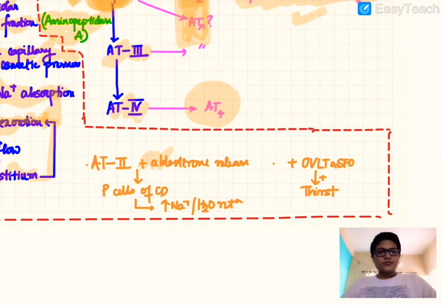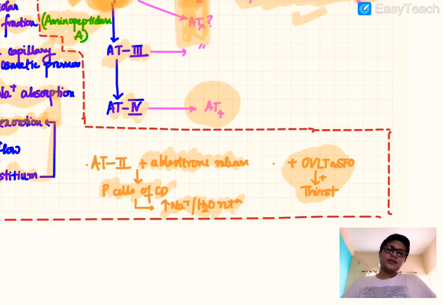Angiotensin 2 will also stimulate aldosterone release. Aldosterone will act on the principal cells of the collecting ducts to cause sodium and water retention. And finally, one more effect of angiotensin 2 which is not discussed often is that it also stimulates the osmoreceptors present in our brain.